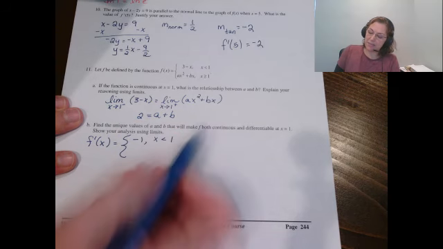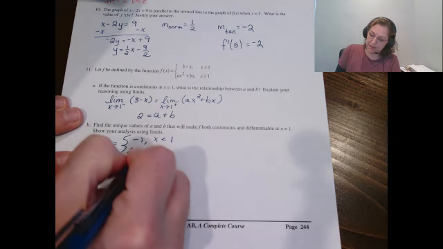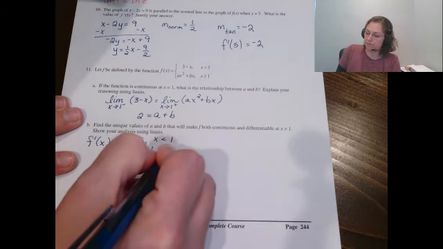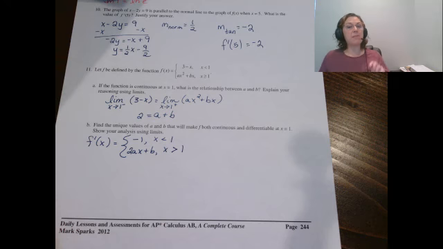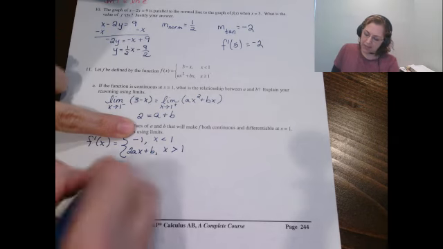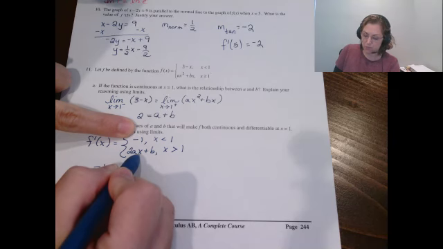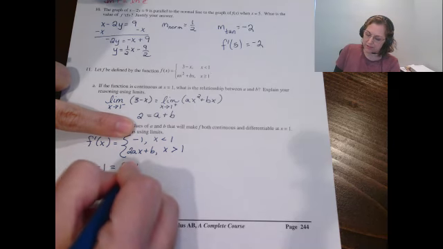And my second piece, I'm going to get 2ax plus b. And remember, in order to be differentiable at 1, my derivatives from both sides have to be equal. So from the left, my derivative is 1. And from the right, if x is 1, I get 2a plus b.